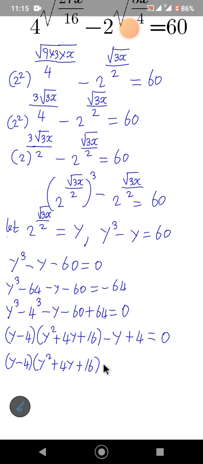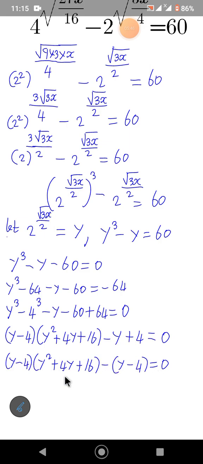Then this is now going to become minus open bracket y minus 4, all equal to 0. Now this changed to minus because minus multiplied by minus is plus.